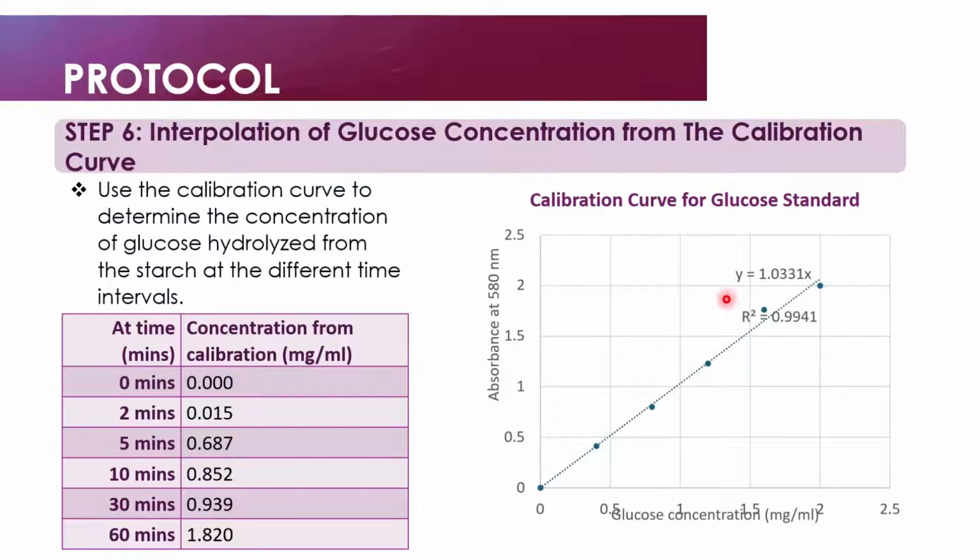So we are going to use the absorbance values from the table to calculate the concentration. We know that at y equals 0, from the absorbance table, our s will be 0.00, because if we substitute y as 0 into the equation, we will get s to be 0.